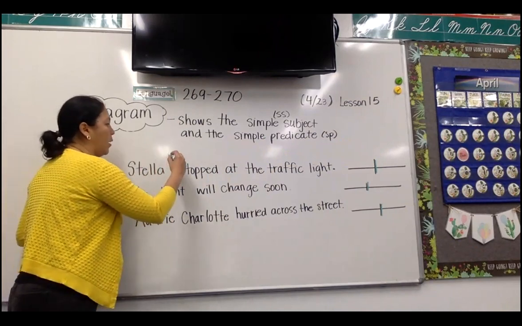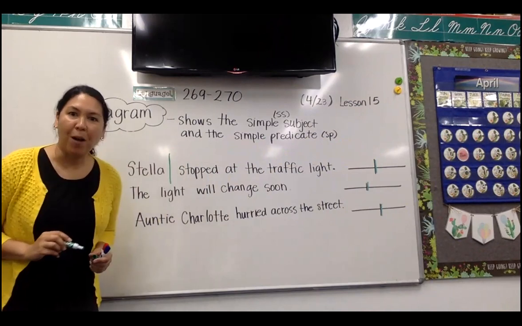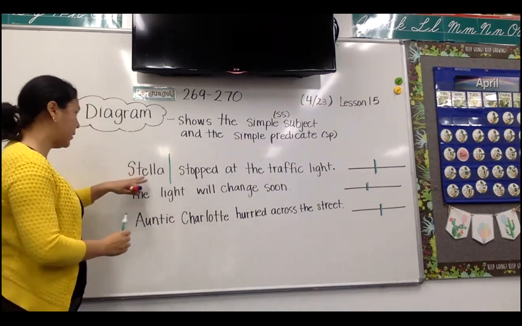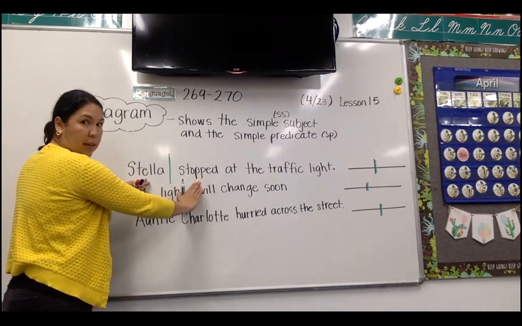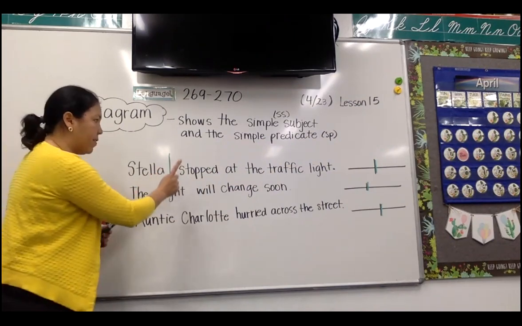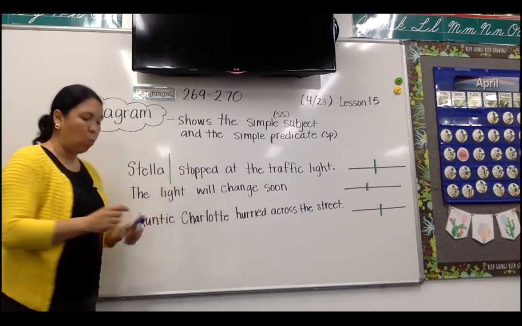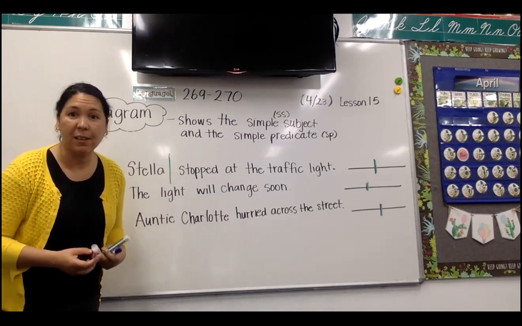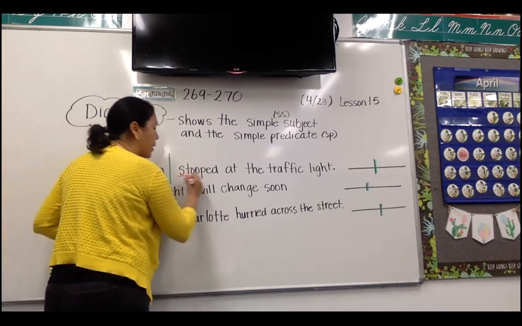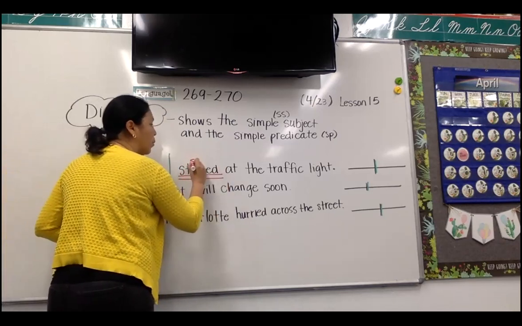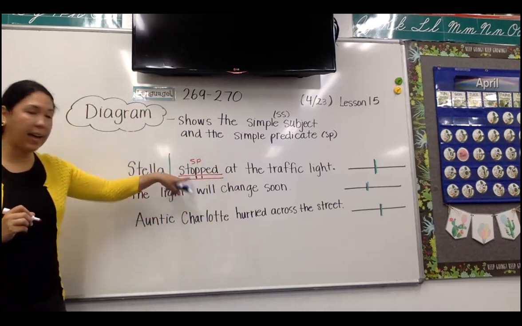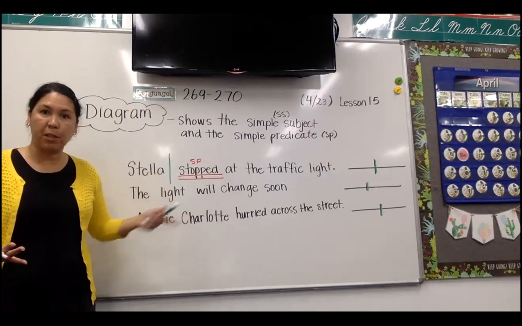Good. I'm going to draw my line in between Stella and stopped. So automatically, if this is my action, what do I know stopped is? Stopped has to be my simple predicate. That is my action. What did Stella do? She stopped.